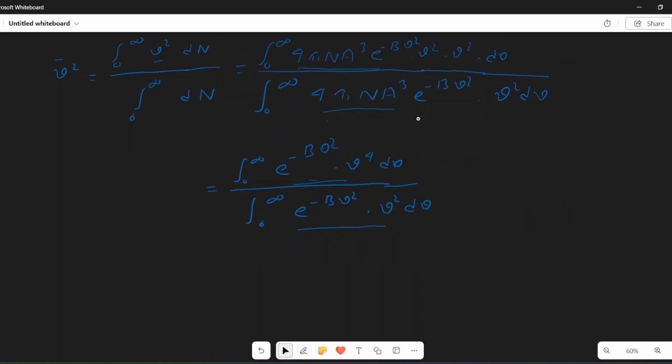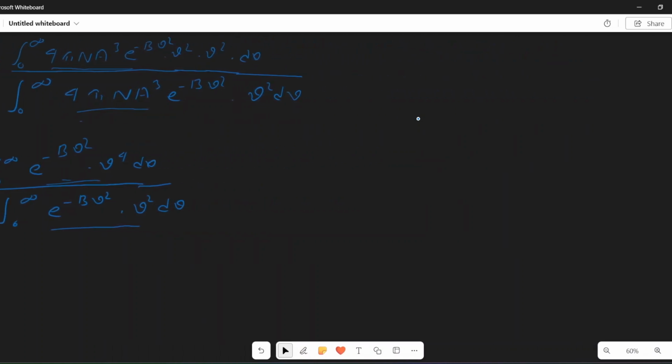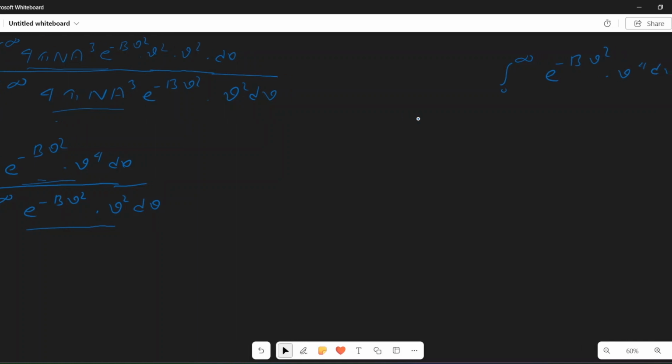Now to find the integration of 0 to infinity e to the power minus b v square of v to the power 4 dv, we have to find this integration.